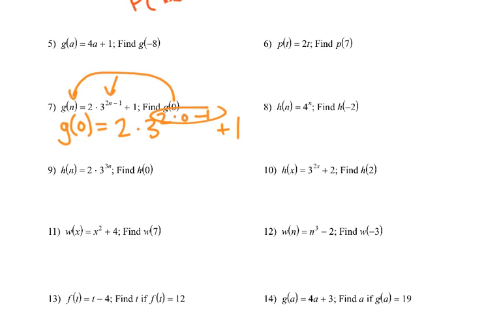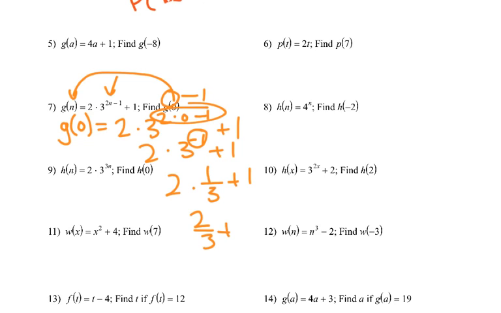So 2 times 0 would be 0. 0 minus 1 is negative 1. 3 to the negative 1, whenever we have a negative exponent, that actually makes it a fraction. So I get 2 times 1/3 plus 1. Well, 2 times 1/3 is 2/3, plus 1 would give us 1 2/3. So g of 0 equals 1 2/3.